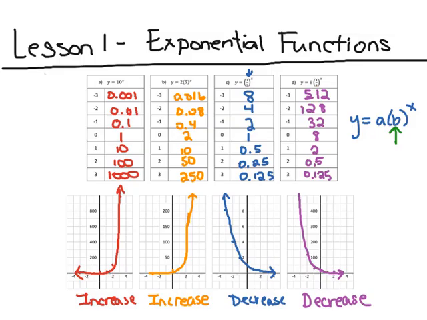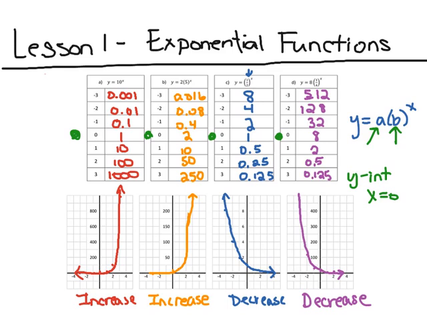And the reason why it's important is if you look at all of these tables of values, another important piece of information we often use to graph is our intercepts. So if we were to find our y-intercept, we would make x equal to 0. And x is equal to 0 here, here, here, and here.